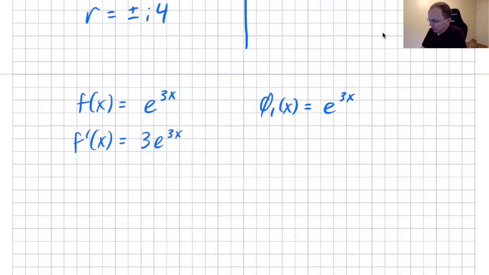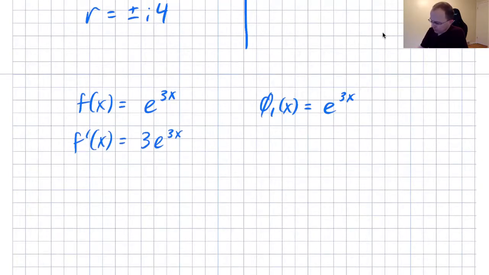And if I keep taking derivatives, the next one will be 9e to the 3x and so on. So it's all going to be just some constant multiple of e to the 3x. And so this is the only function that we need to consider to find our particular solution.